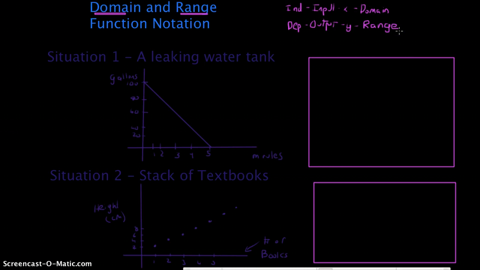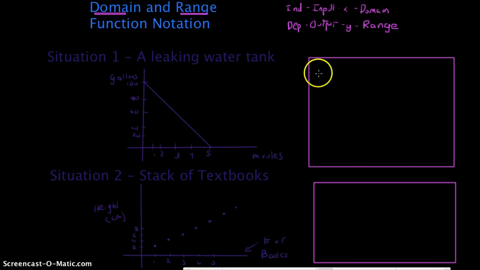Okay, so if we are given a graph and we really think about this situation, we should be able to find its domain. So here we have a leaking water tank, and we see as the minutes increase, the gallons go down.